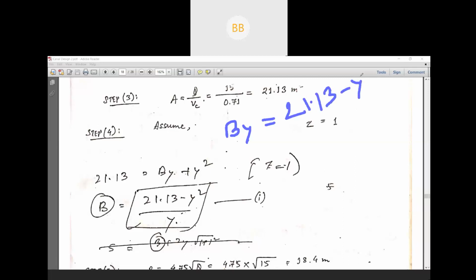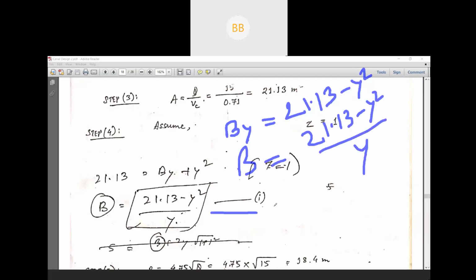If you bring this y square to the left-hand side, it will be minus, and what is left is b multiplied by y. So b is nothing but 21.13 minus y square, divided by y. We can consider this as equation number 1.